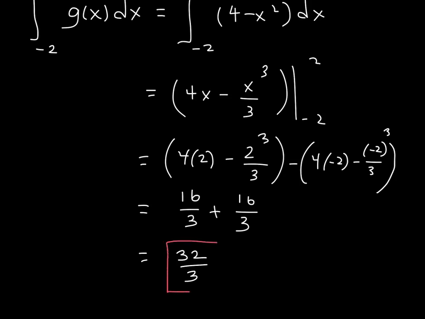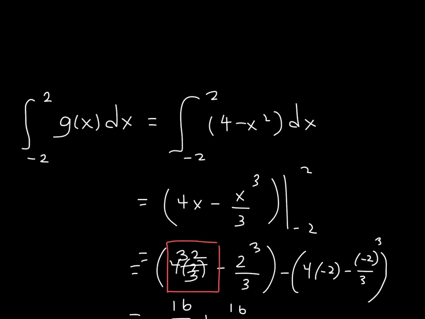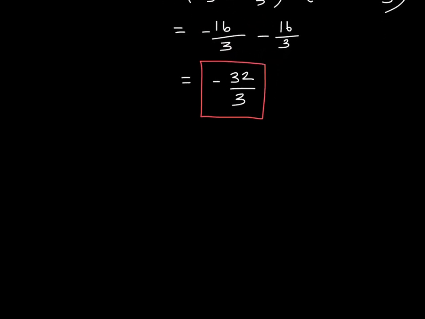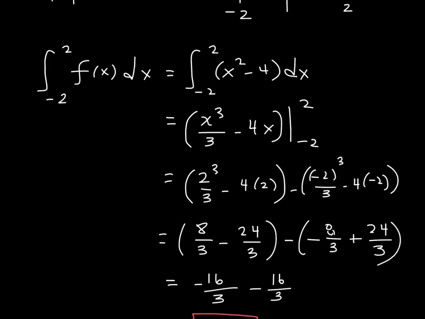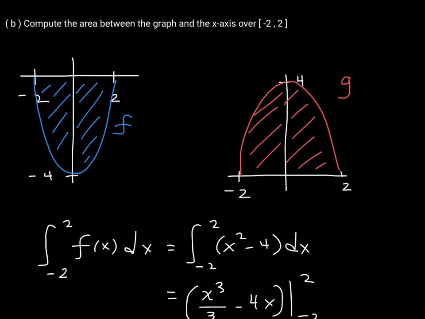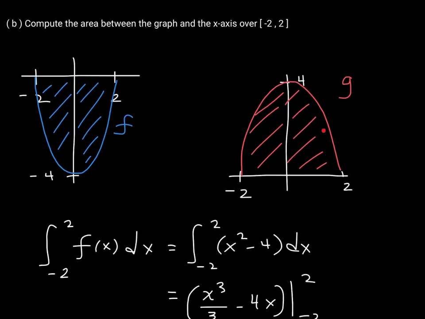Our instinct was saying, well, we're going to get the same answer, but it'll be positive, because this region, if I can go back, this region there it is. This region here for function g is all above the x-axis.